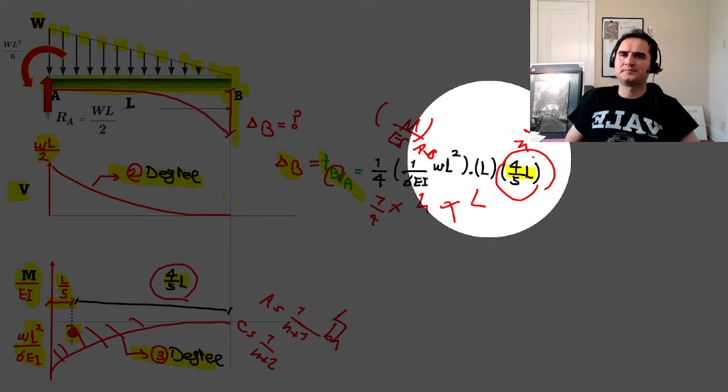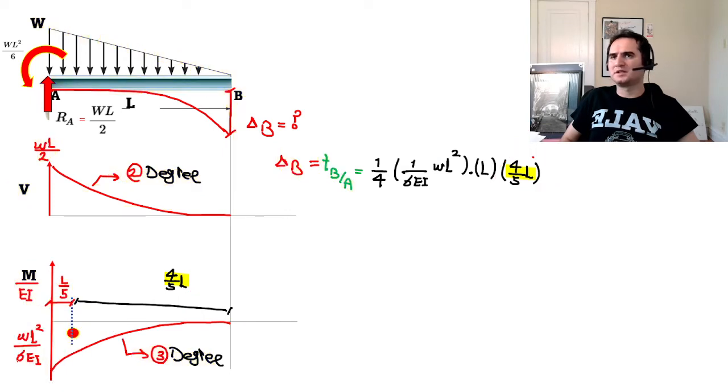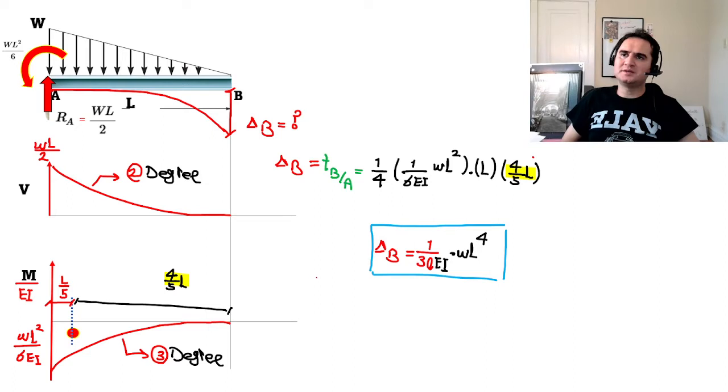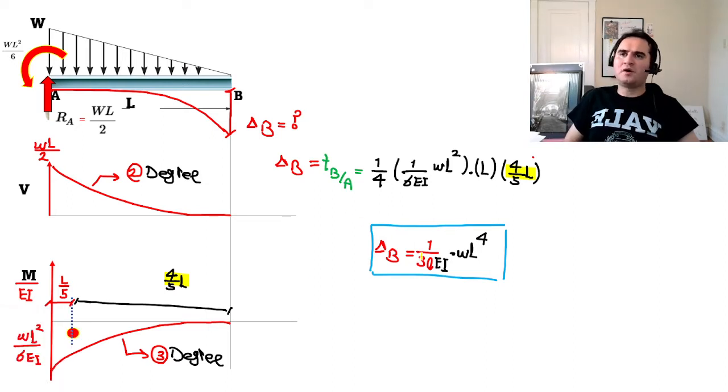If you do the math, it gives you delta B equal to 1 over 30 WL to the power of 4 over EI.